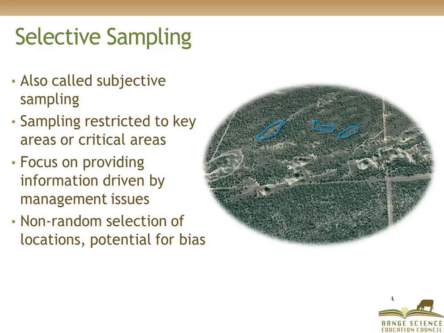So if we know that we want specifically to have information about a key or critical area, then we oftentimes will use this approach. Now, it is a non-random approach, with non-random selection of the locations, so there is the potential for bias that must always be considered. But this is very often used for certain applications in natural resource management.